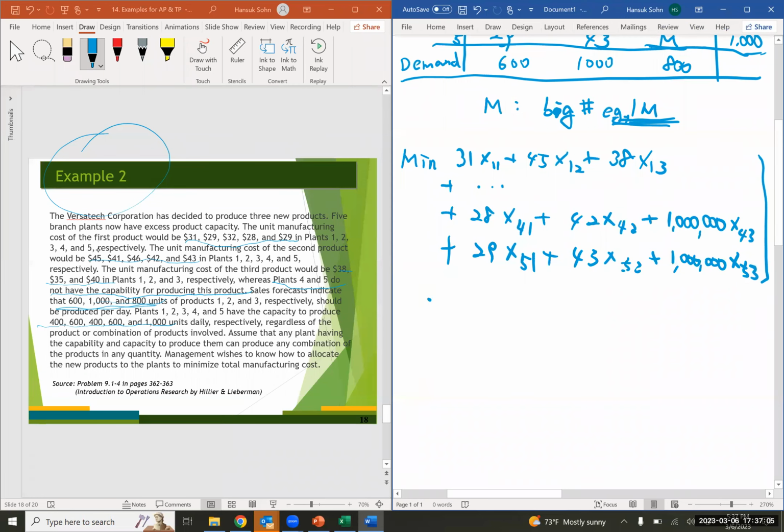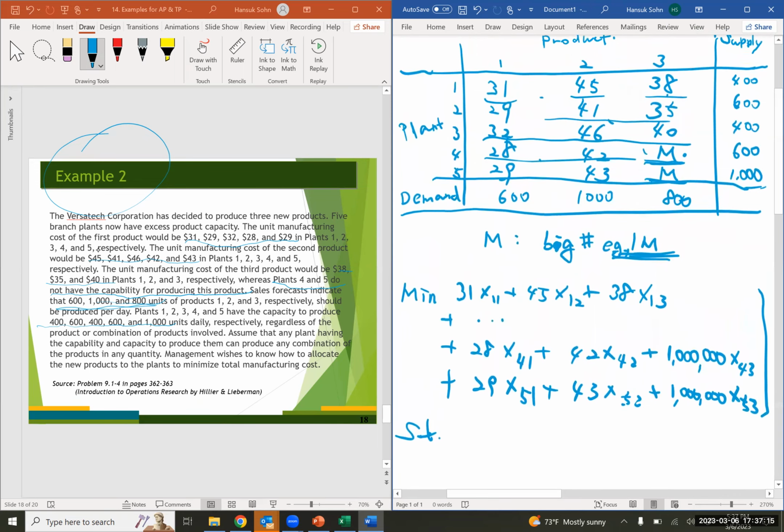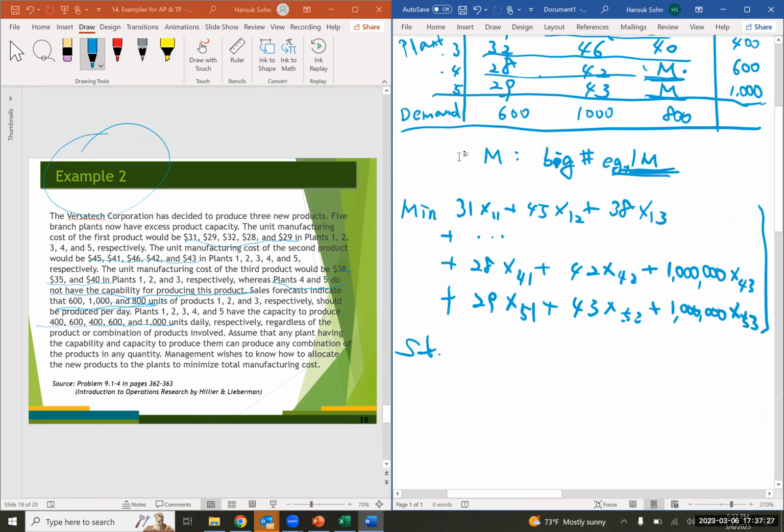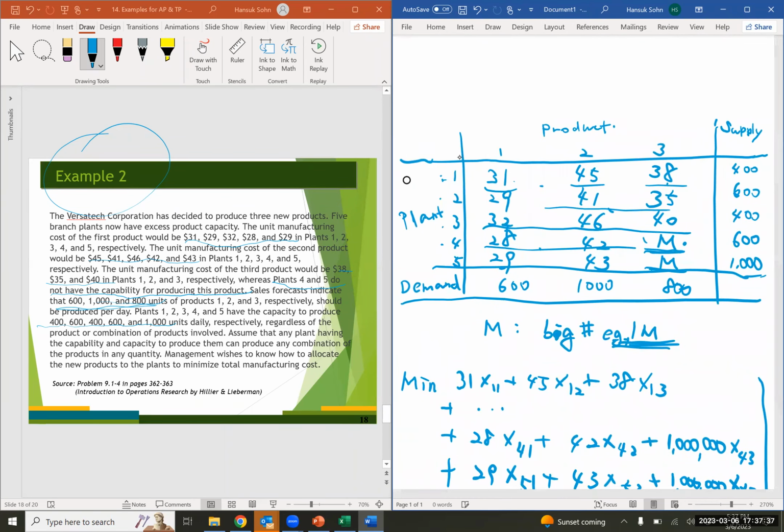And then we need to construct the supply constraints and the demand constraints. For the supply constraint, for each supply point, for each source, you need to add up the x variables. So it's going to be x11 plus x12 plus x13 less than or equal to the available capacity, which is 400.